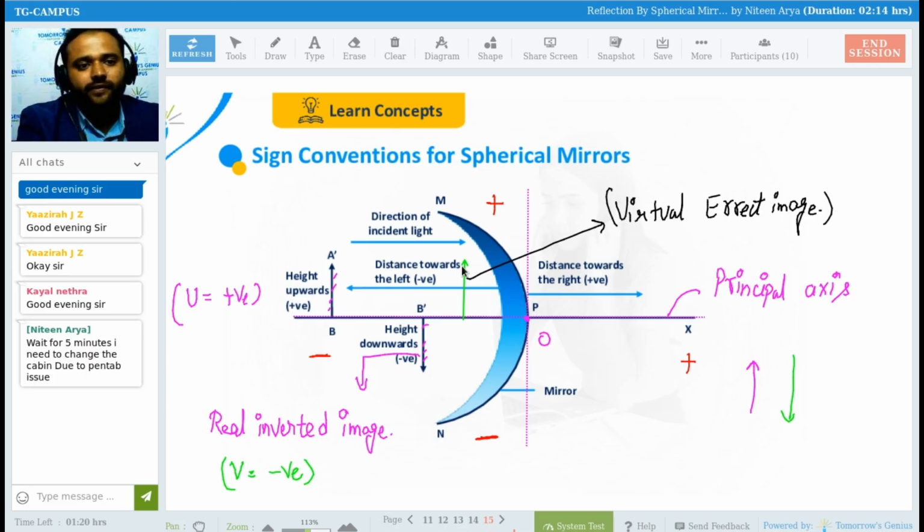So according to the sign convention, V is going to be positive. Clear, beta? V is going to be positive. So that is your sign convention. Clear, everyone? So everything in the downward direction is taken as negative, and everything on the left hand side is taken as negative with the help of this sign convention.